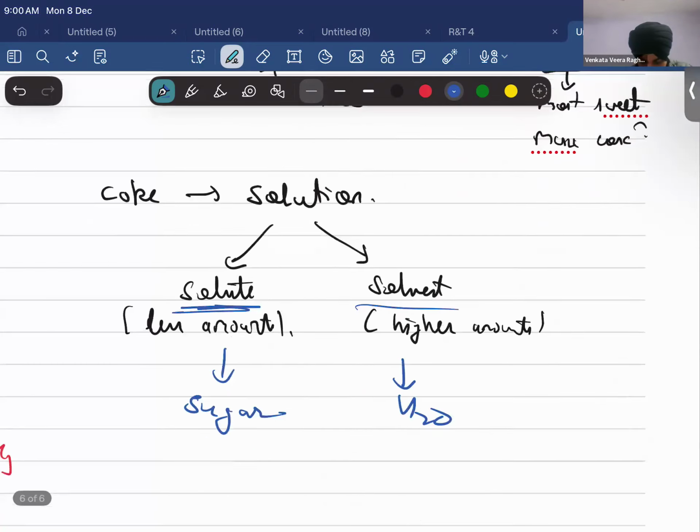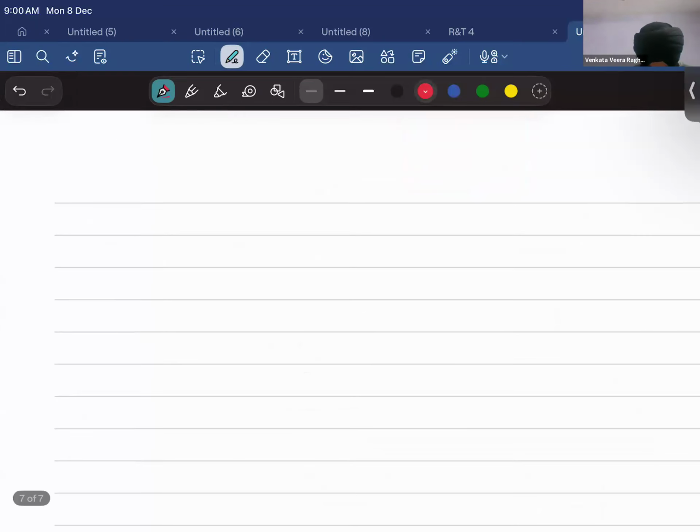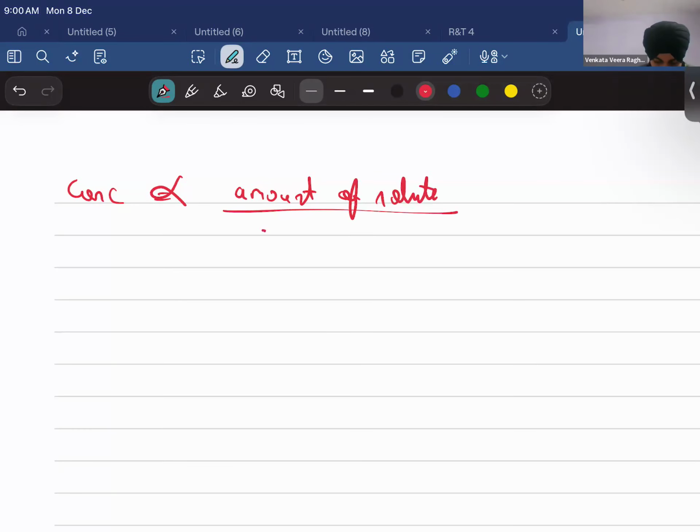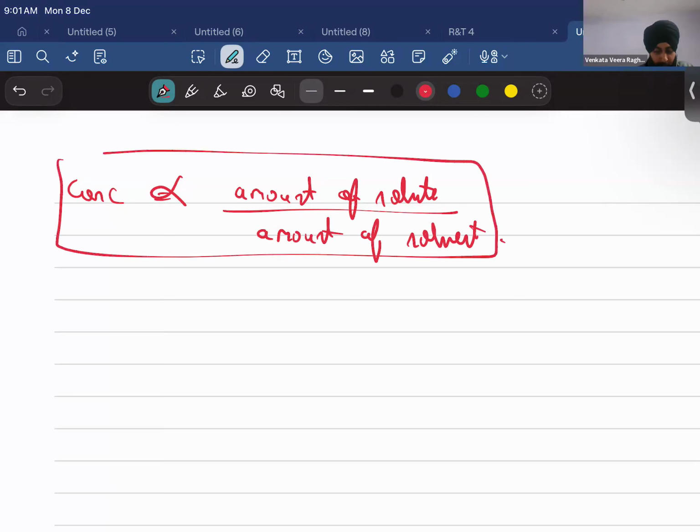That means concentration is proportional to the amount of solute and inversely proportional to the amount of solvent. Can I say it like that? Yes, sir. This is a typical example.